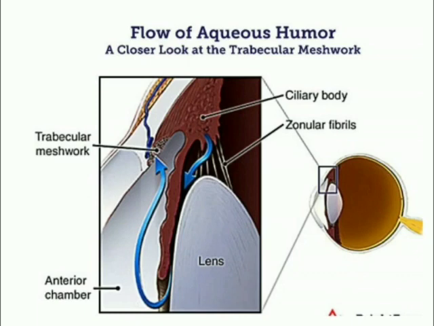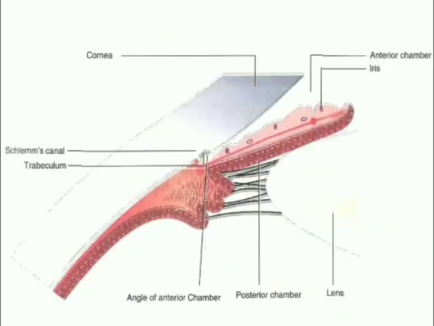And an abnormally high intraocular pressure can give rise to a group of diseases called glaucoma. So we understand that the drainage of aqueous humor is an essential entity, which is facilitated by the anterior chamber angle structures. Hence, understanding the anatomy of the anterior chamber angle structures is extremely important.